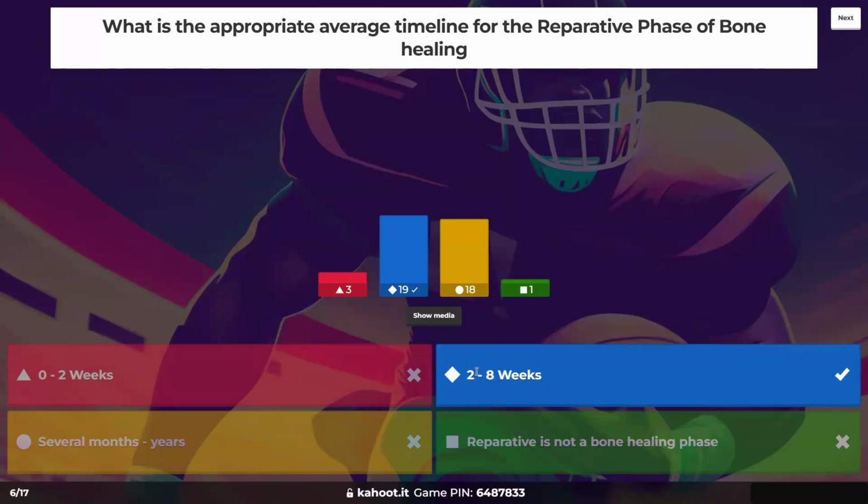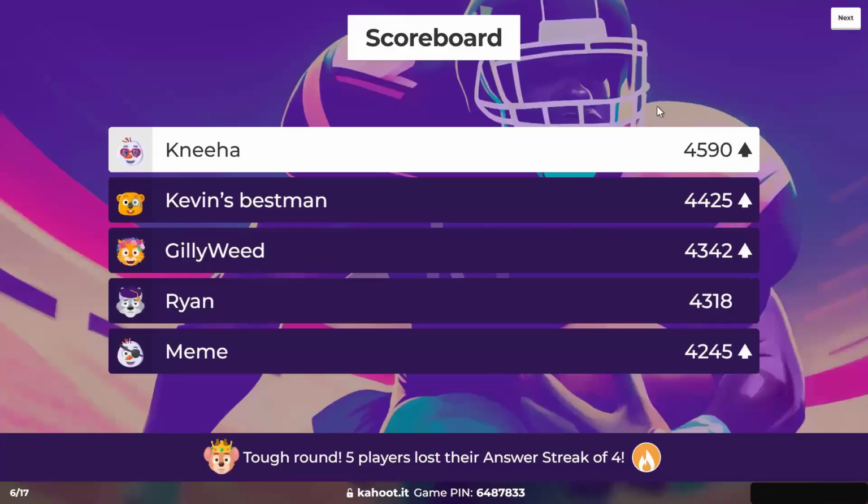Maybe I said 3 to 8 weeks, but after that, you know, weeks to months, that's your reparative phase. So B was correct, or blue was correct. Several months to years, that's more your remodeling phase. Yeah, remodeling is the long one. Yeah, you thought you'd missed it.